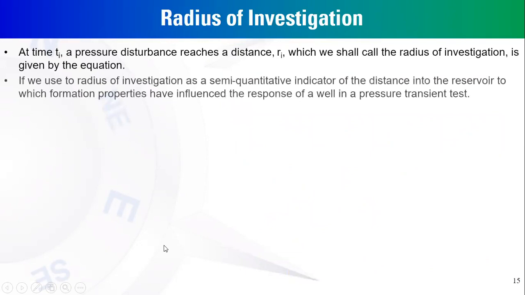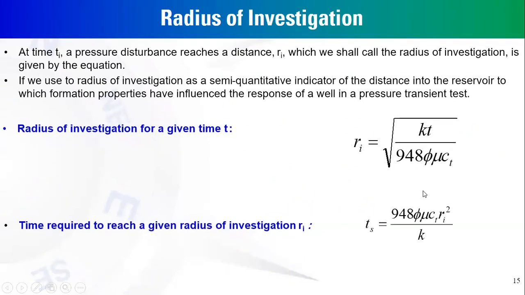The radius of investigation is defined using this equation. As mentioned, it's typically a function of fluid and rock properties, phi, mu, ct, and also the reservoir permeability, and this radius is directly proportional to the testing time.